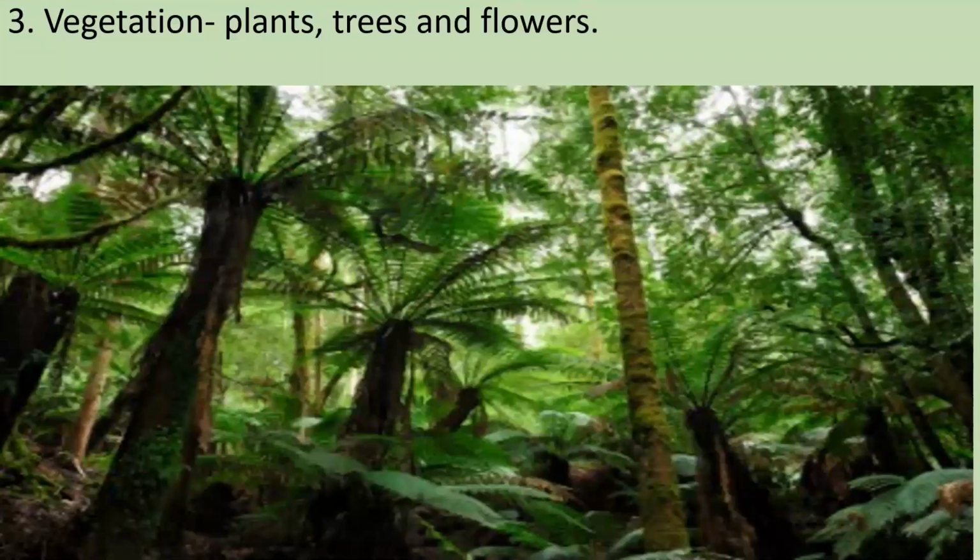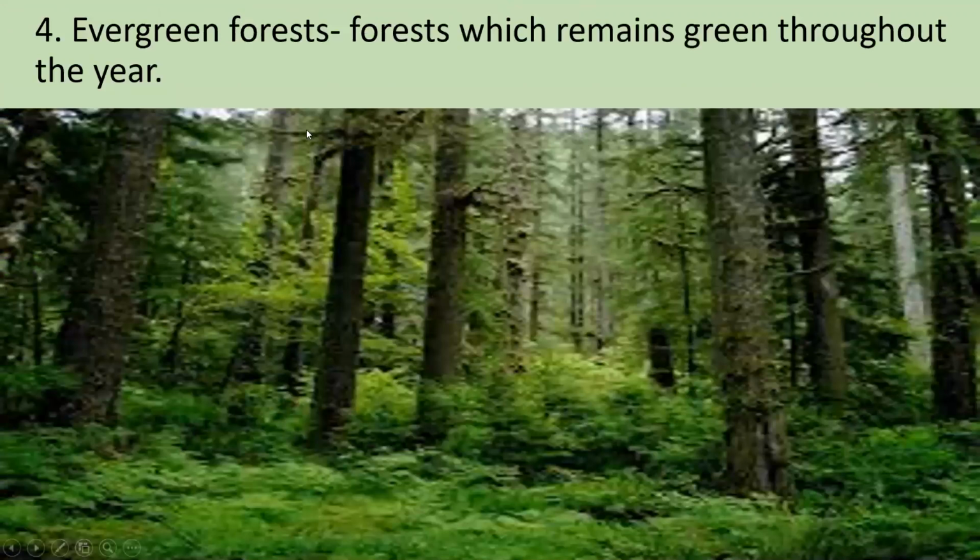Now, vegetation. When we are talking about vegetation, we are talking about plants, trees and flowers. Basically, we are talking about the flora of any region, place or country. Evergreen forest, the name itself says it is a forest that remains green throughout the year. That means the forests do not shed their leaves all at one time.